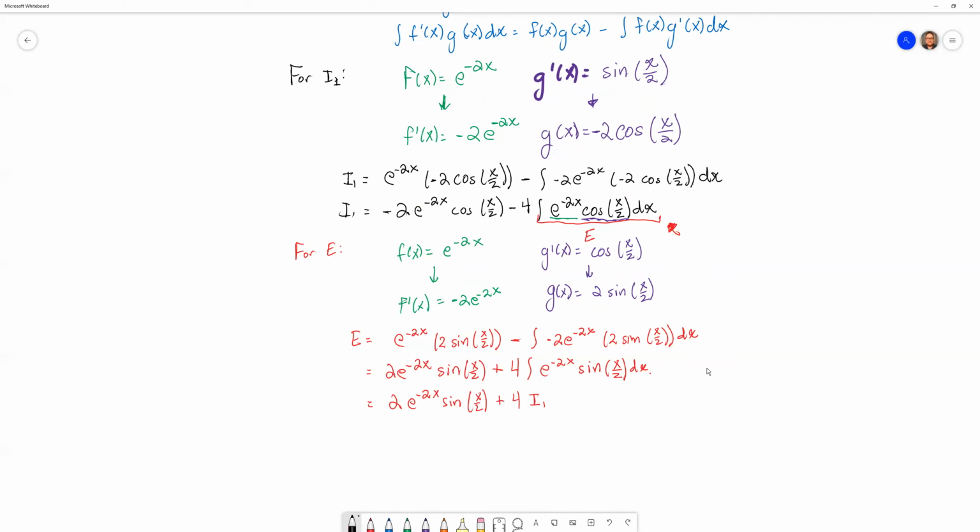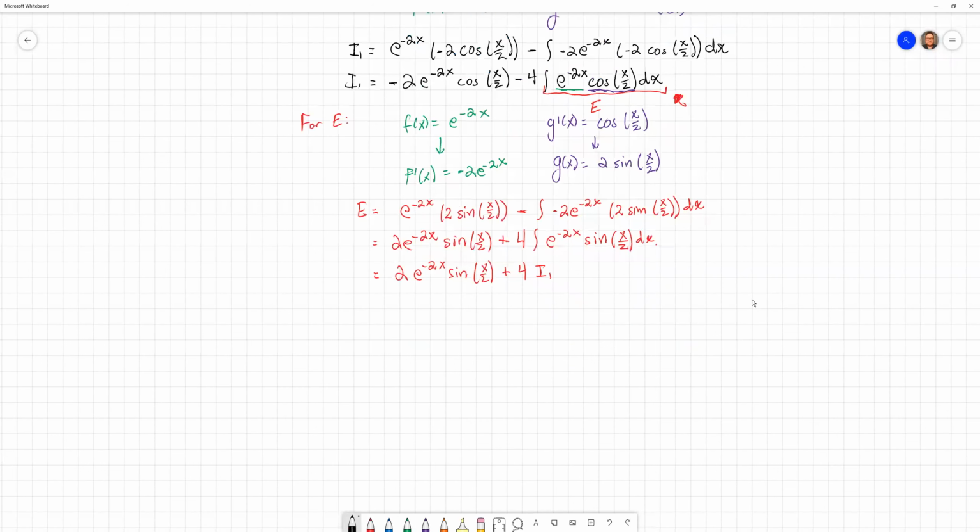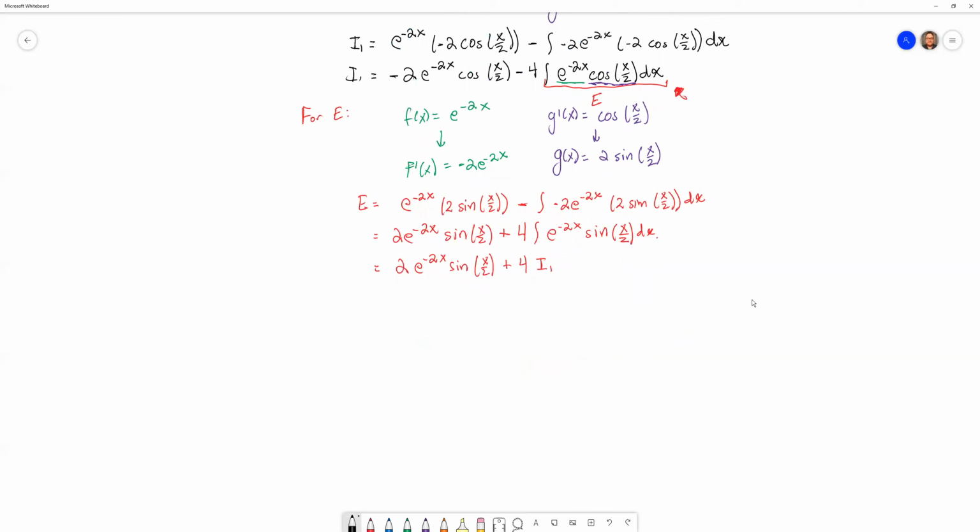And so we can rearrange to put all the I1s together, similar to when we're solving for x, and that's going to get us to our solution. So we'll go ahead and sub that in. So I1 is equal to minus 2 e to the minus 2x cos x by 2.